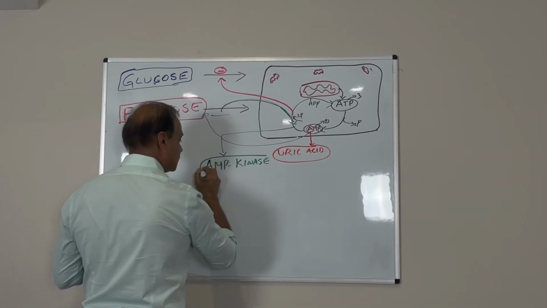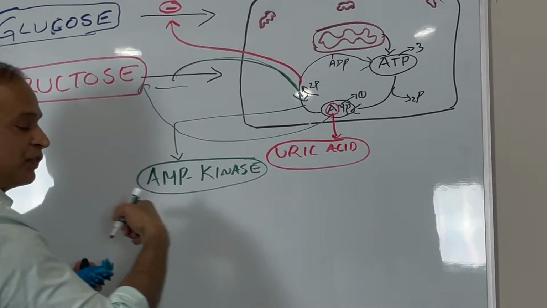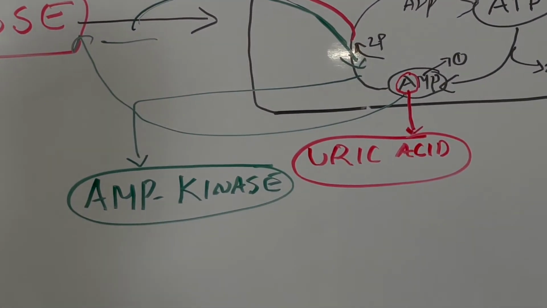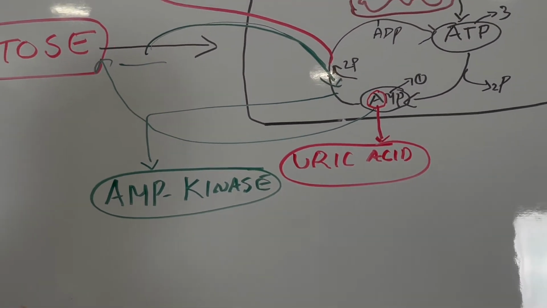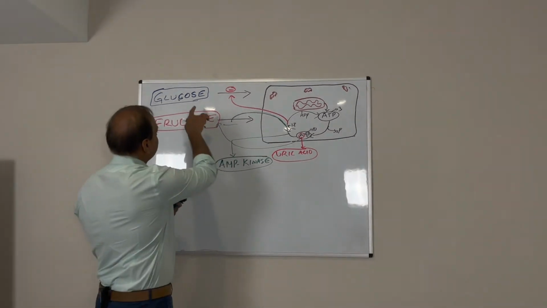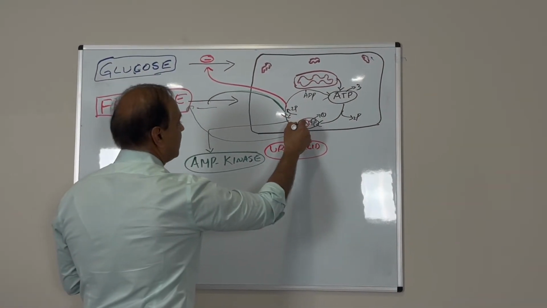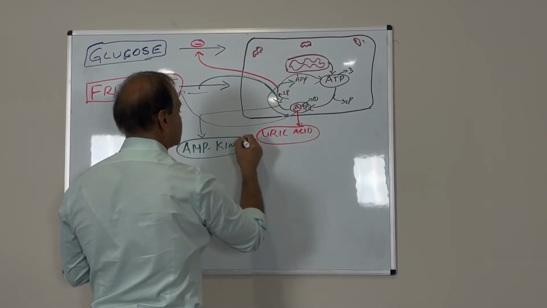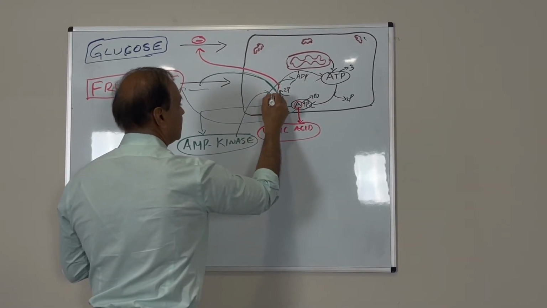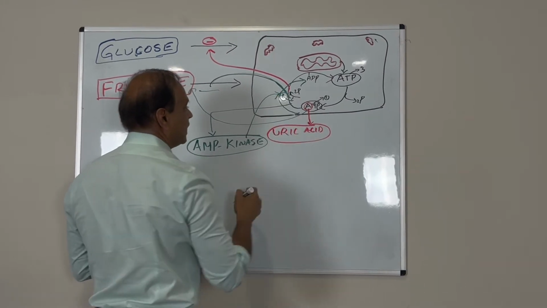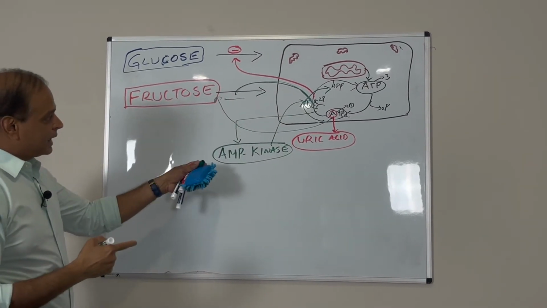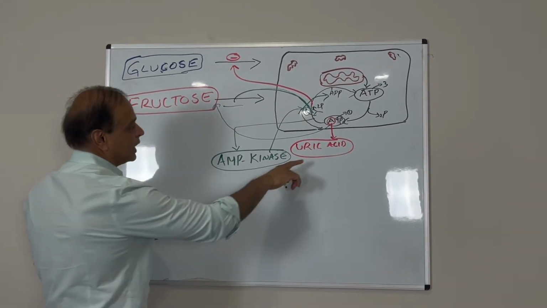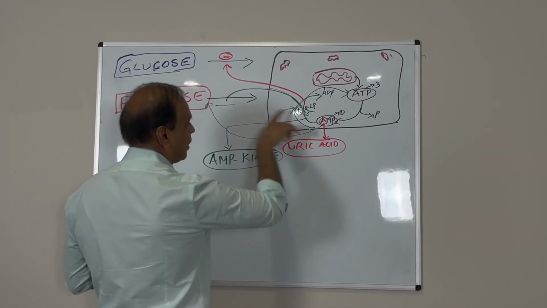That means you want more and more of this because it's very favorable for us. So what does AMP kinase do? If glucose comes, it goes back again in this process by this enzyme, which is AMP kinase. So this is favorable. What does this do? AMP kinase does something which uric acid stops.